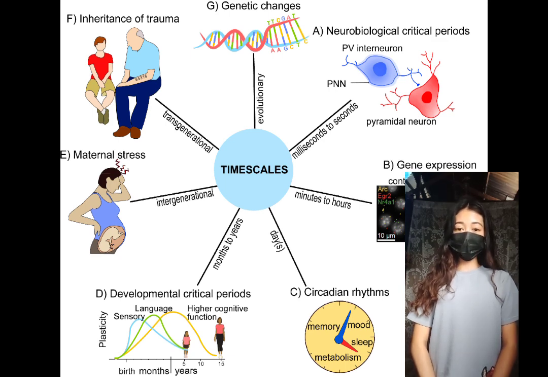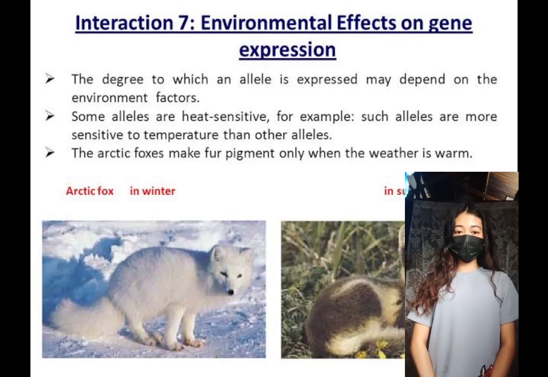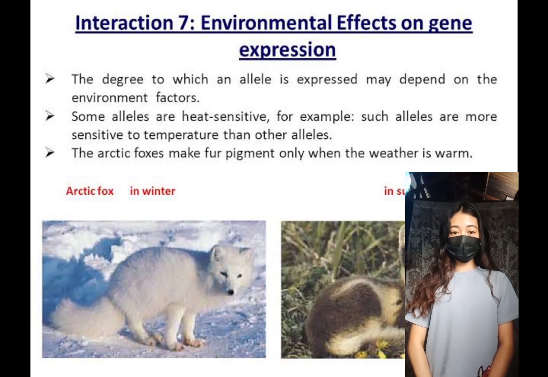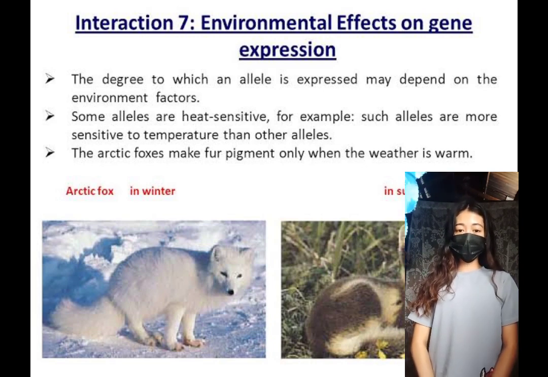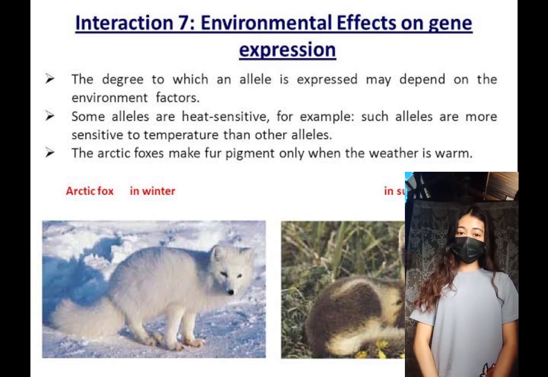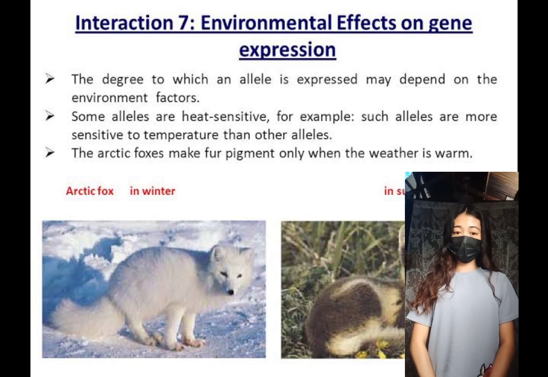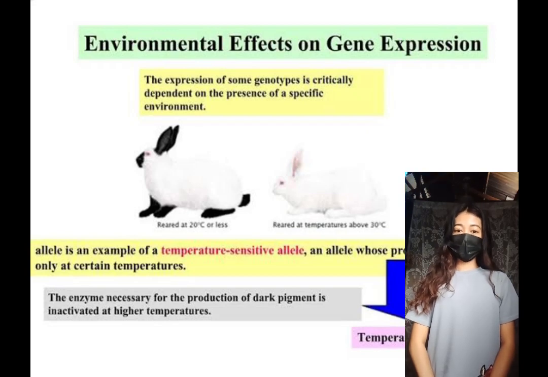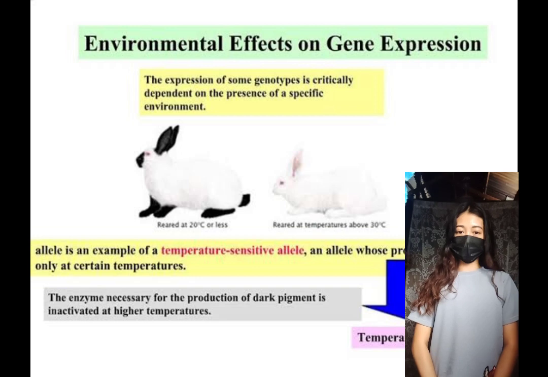The environment, which encompasses both the external surroundings in which the organism is located or developed, as well as the organism's internal environment, which includes elements like hormones and metabolism, can influence gene expression in an organism.